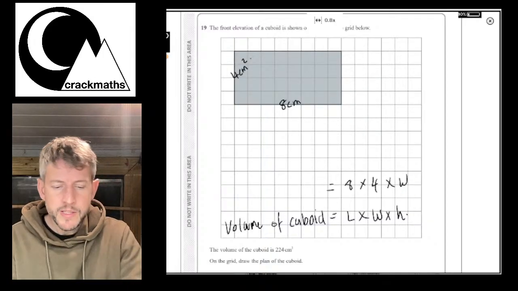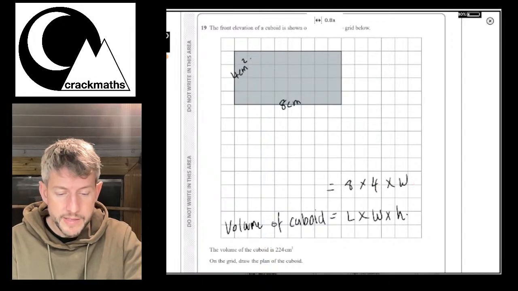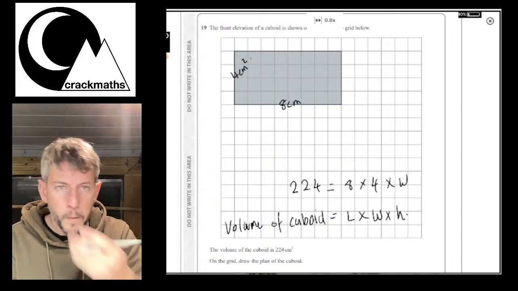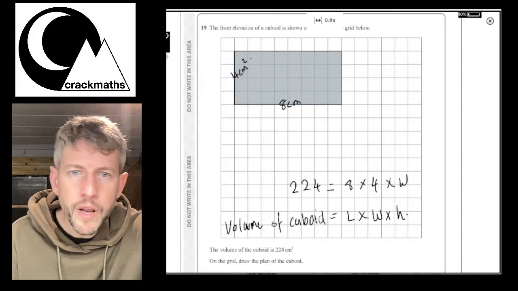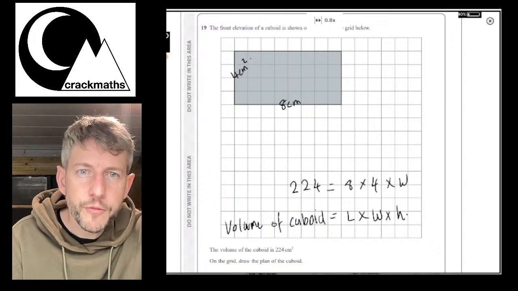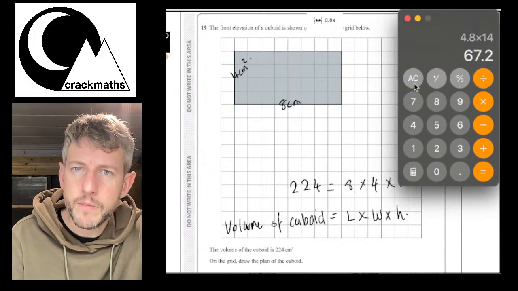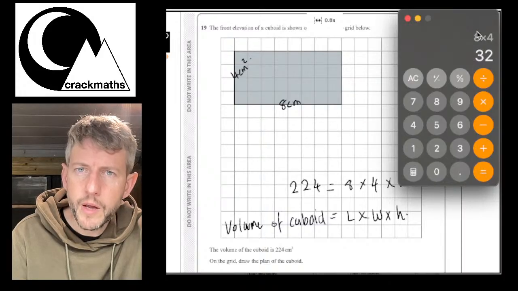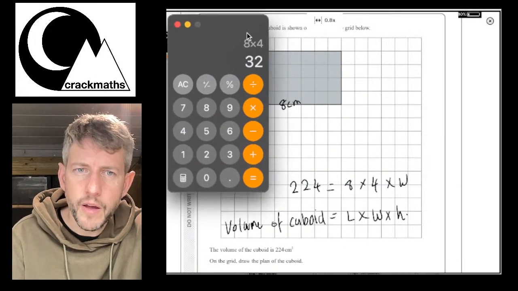So 8 times 4 times W is going to equal the volume of the cuboid. The volume of the cuboid is 224. So let's work out what we know here. 8 times 4 is 32. Let's just move that over there.